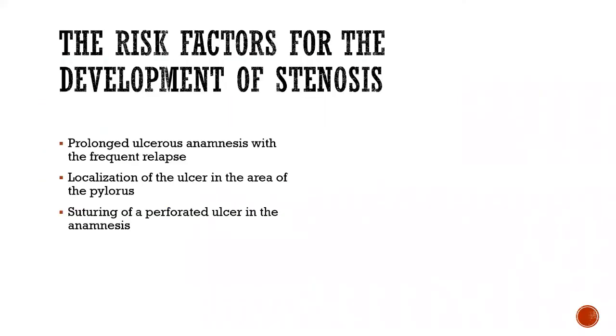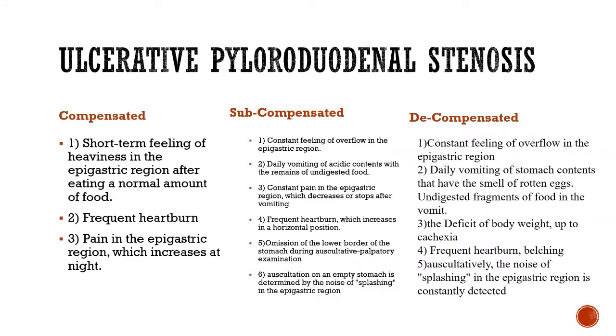The second stage, the subcompensated stage. The outflow from the stomach is slowed down more. The patient has a constant feeling of airflow in the epigastric region, with daily vomiting of acid contents with the remains of undigested food.